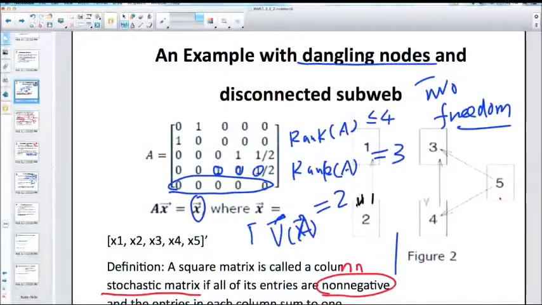Again, we can do a little brainstorm. How do we fix it? A simple idea is to first fix this disconnect and the dangling node.